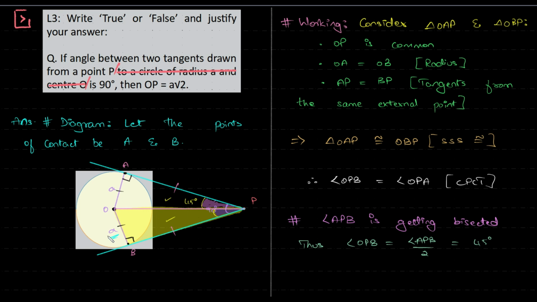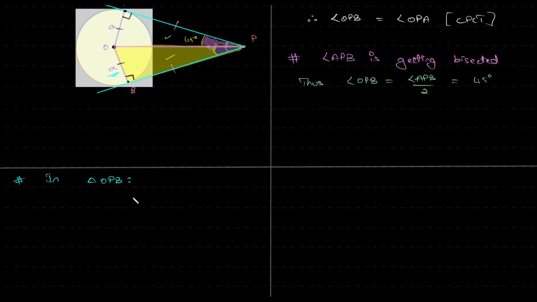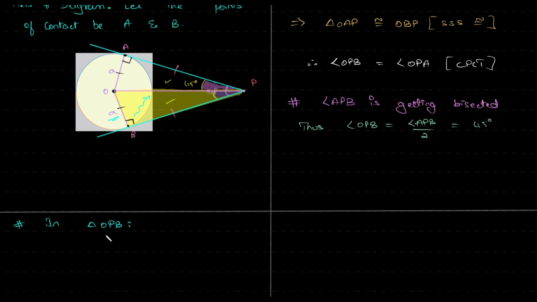Yes, we can make use of the topic trigonometry. So for example, in triangle OBP, we have the information of the opposite side and we are looking at finding OP. OP is a side opposite to 90 degrees, so it's the hypotenuse.